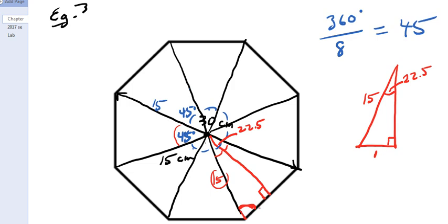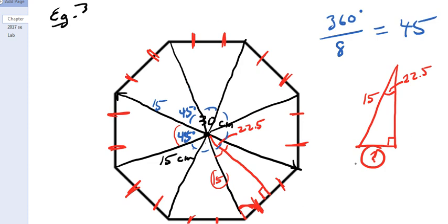Because I really want to find this. Because if I find this length, I know that there are 16 identical lengths all the way around, right? Everybody see that? So it's kind of splitting this up into a smaller problem. And if I find this length right here, then I multiply that length times 16 to get the whole length around. So are we at a position where we can do that?